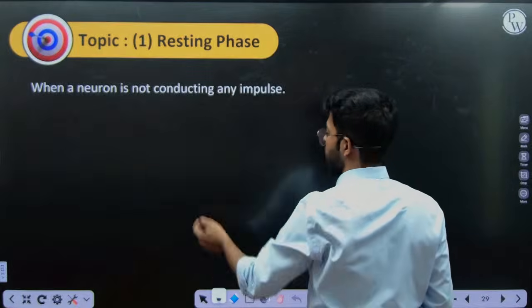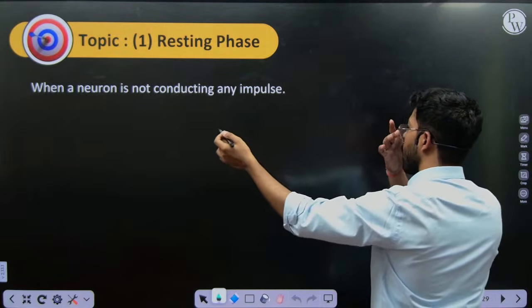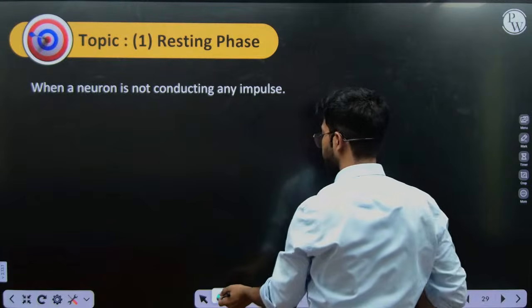Now in the resting phase, the neuron is not conducting any impulse.